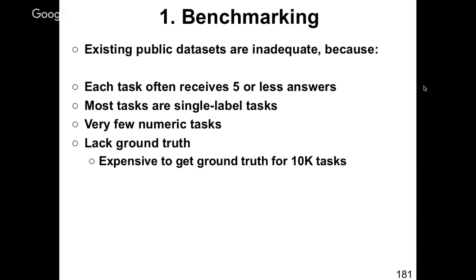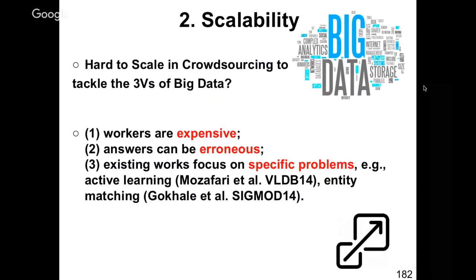However, we don't really find such a data set, and one of the reasons is probably that in typical crowdsourcing tasks, there are a very large number of tasks, so it is very difficult and expensive to get ground truth from experts. And this creates obstacles to a systematic and fair comparison of the algorithms.